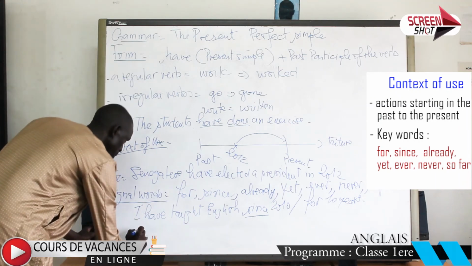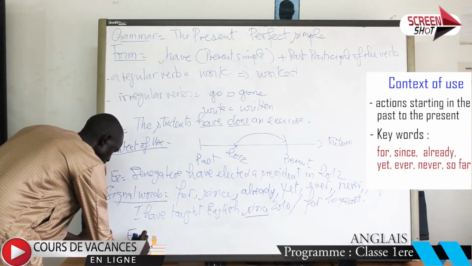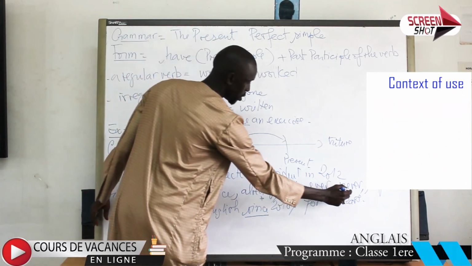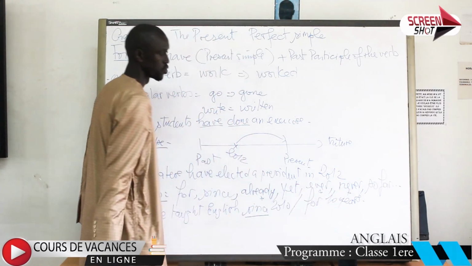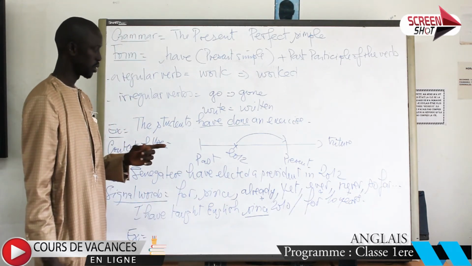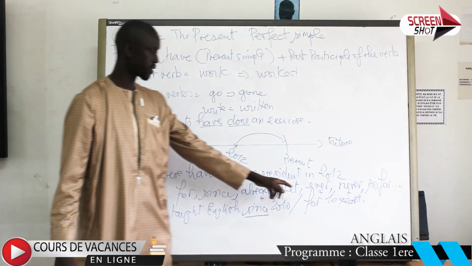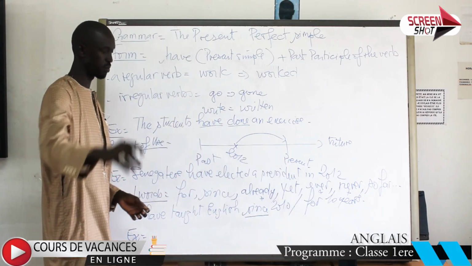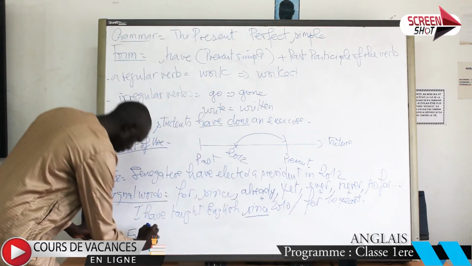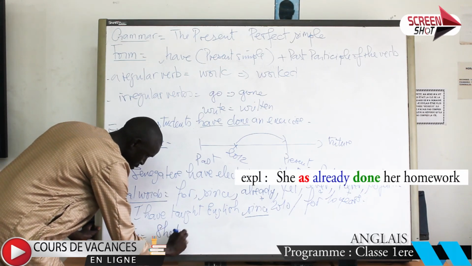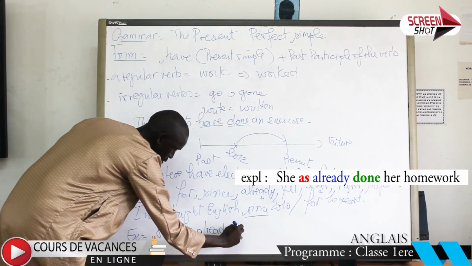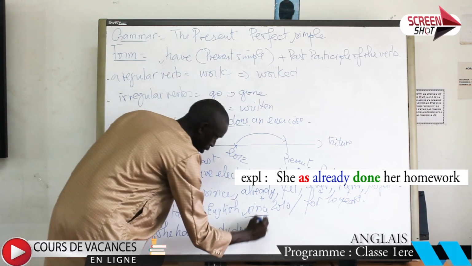For example, with already and never, or ever also. The student must know that already, ever or never is always put between the auxiliary and the past participle. For example, she has already done her homework.